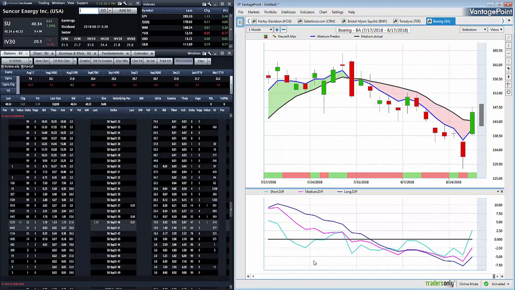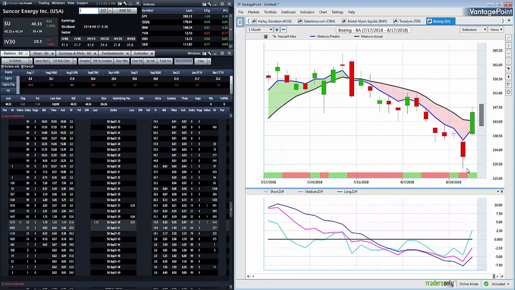We're seeing one hasn't happened quite yet here in Boeing, but we're seeing that this downward trend is losing momentum, and for our first trigger we're looking for this blue line, this predictive line, to move above. This is just a simple moving average, this black line. Then there's a couple other things in here, like this is the predictive range. This red and green histogram here is called the neural index.